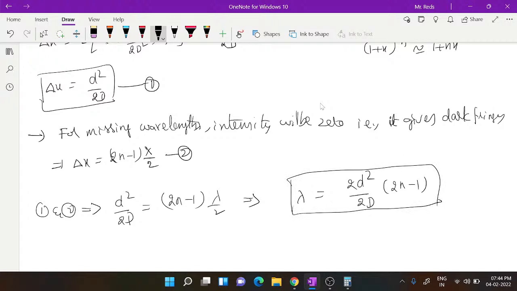These wavelengths will be missing, where n is equal to 1, 2, 3 and so on. The 2 also gets cancelled.